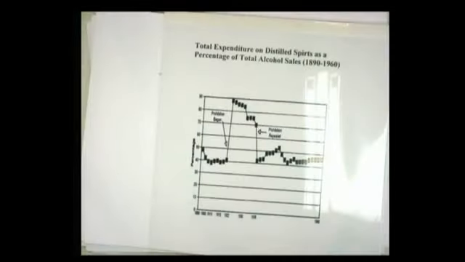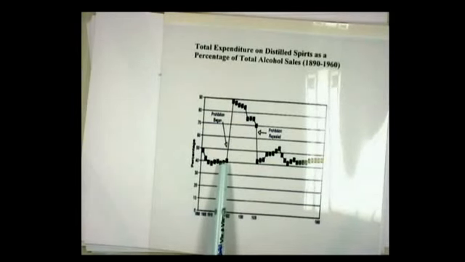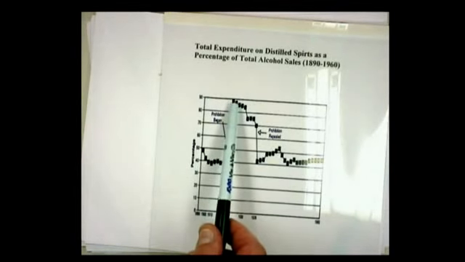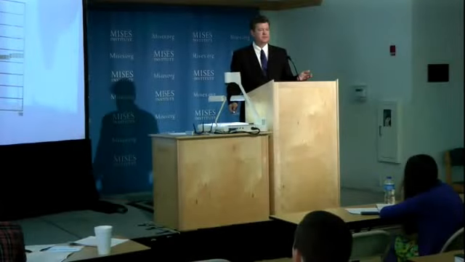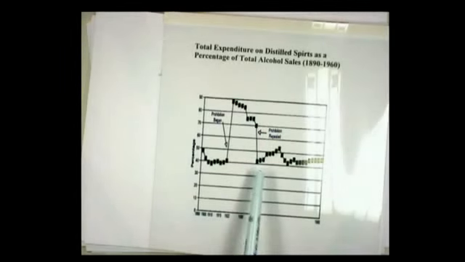You can see fairly clearly that alcohol prohibition begins here, and the percentage of distilled spirits immediately goes up to 90% of the overall marketplace. Beer and wine are almost completely displaced as a result. And then prohibition is repealed at this point, and the market for distilled spirits collapses back to its old normal level.